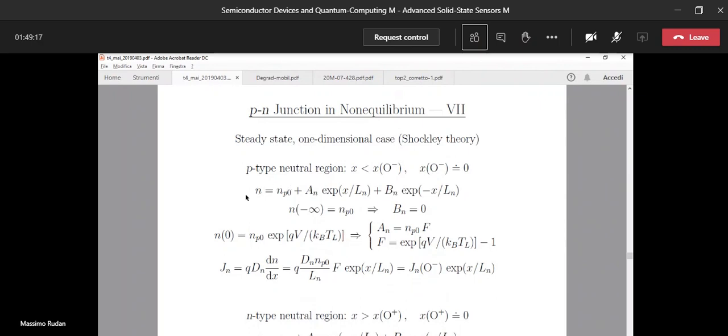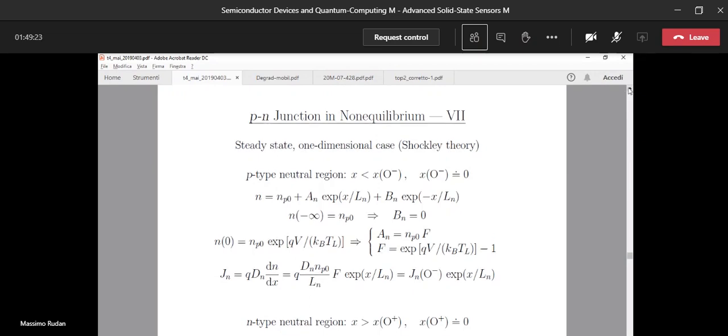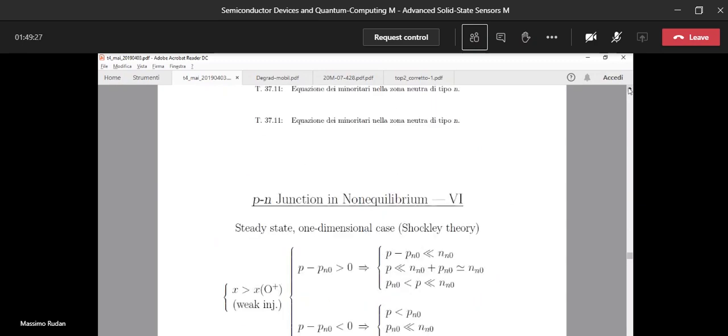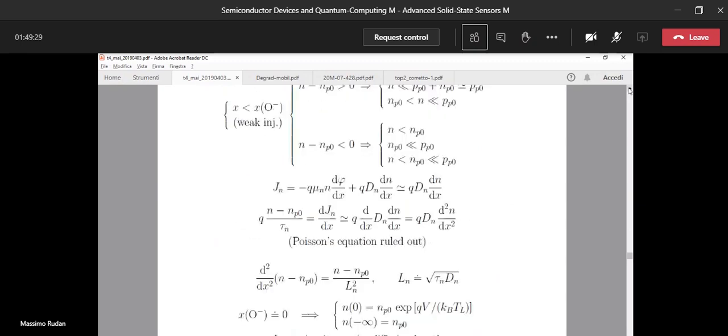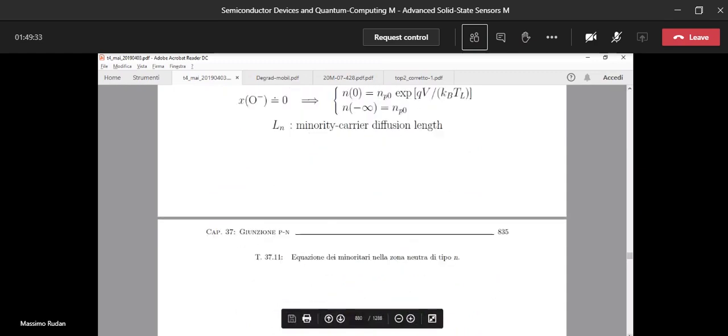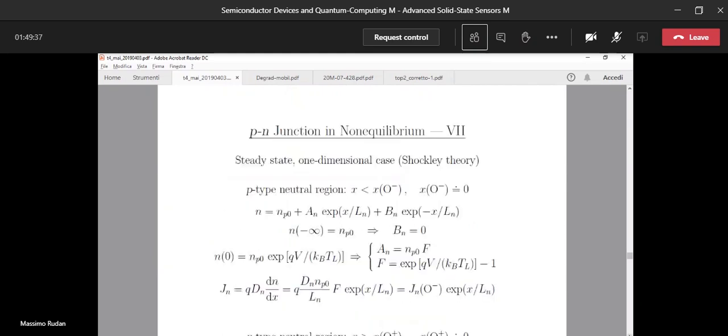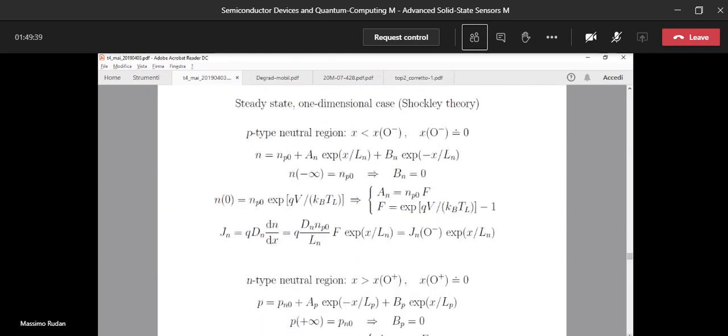The solution of the equation is that, you remember, the unknown function of this differential equation is n minus np0. So this is the actual unknown. So this unknown is a linear combination of exponentials with undetermined coefficients. So n minus np0 is this combination.